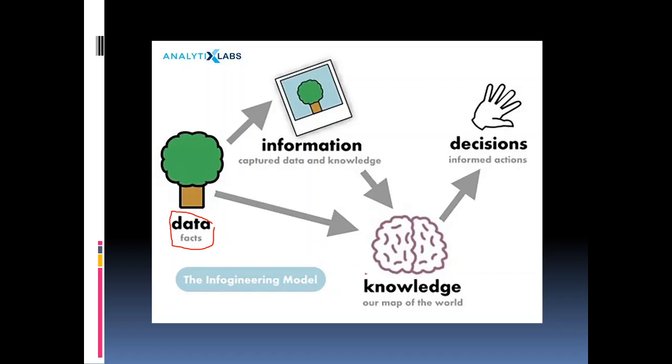Data can also be knowledge or a map of the world. Then decisions can be taken on that, and information can also be converted into knowledge. This is the main area, the knowledge that we can use to make decisions.